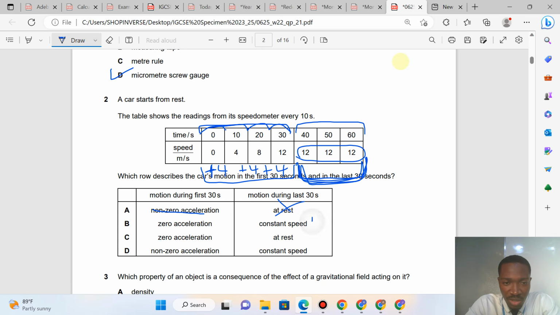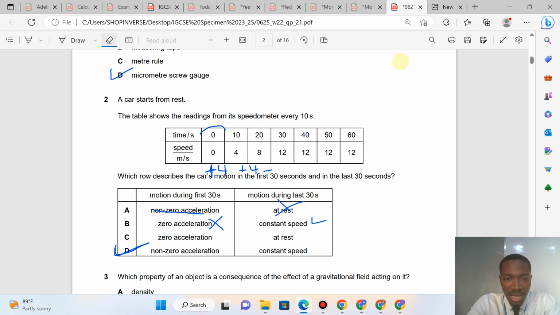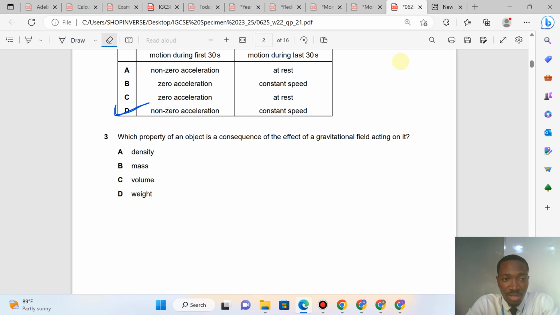The speed is constant. Acceleration 0? No, acceleration is not 0. The fact that the speed keeps increasing throughout the first 30 seconds shows that acceleration is not 0. So where do we have non-zero acceleration and constant speed? Option D, non-zero acceleration and constant speed. That is the correct answer to question 2. Let's go straight to question 3.